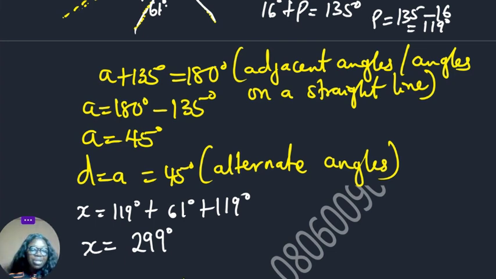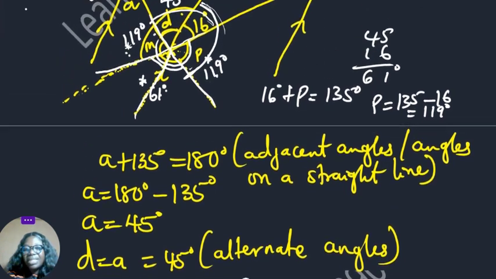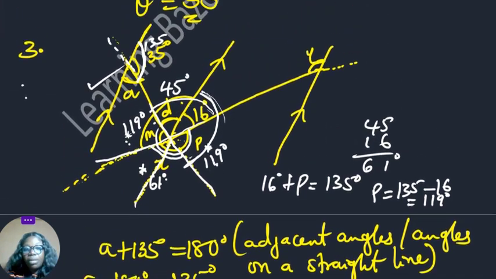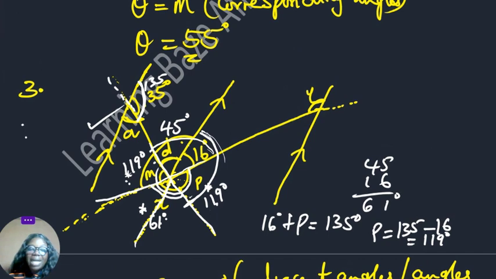So what will be the value of Y? What will be angle Y? Having gotten other angles, let us find angle Y. Now, if you look at angle Y very well, angle Y is corresponding to a particular angle on the other parallel line.